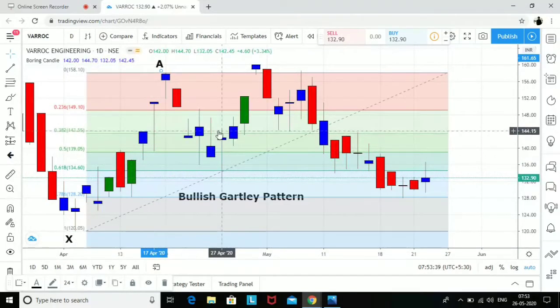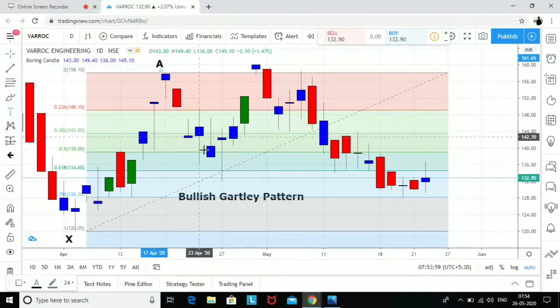If you see, it gave entry somewhere around here, it made a low, and immediately it closed somewhere around 142 on that day. Since this is a daily chart, we need to check on a closing basis, right? So here it went till 134 and it gave a close around 141, 142.